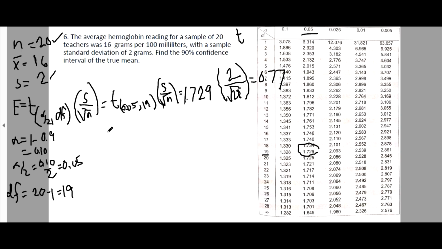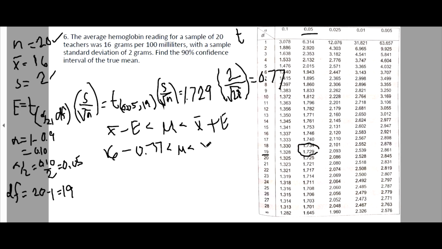So therefore our estimate looks like this. Our sample mean is 16 minus 0.77, our margin of error, and then we have 16 plus our margin of error.